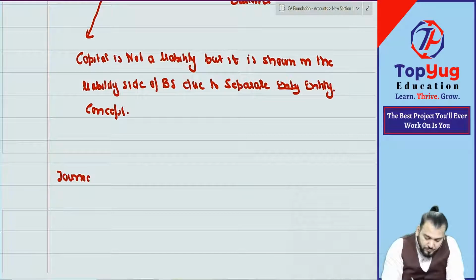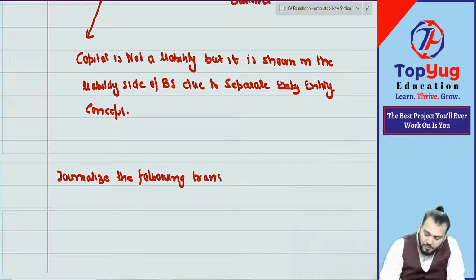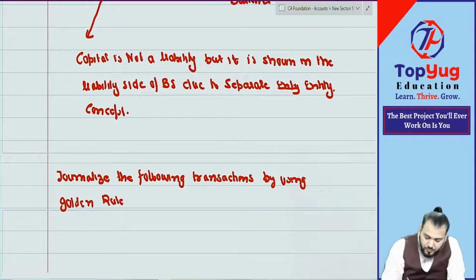Analyze the following transaction by using golden rules and modern rules.